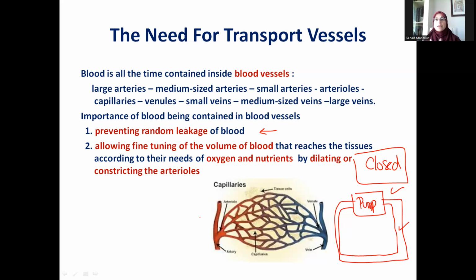This is what we call a closed circulatory system, and it is characteristic of higher organisms like human beings and other mammals, higher vertebrates, but there are open circulatory systems. So in a closed cardiovascular system, there will never be leakage of blood.